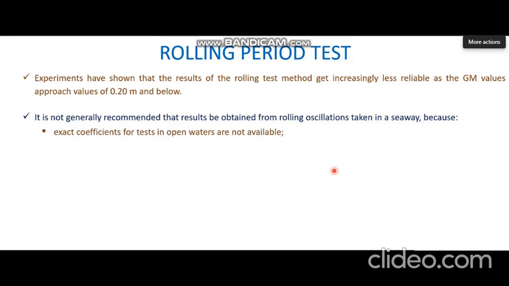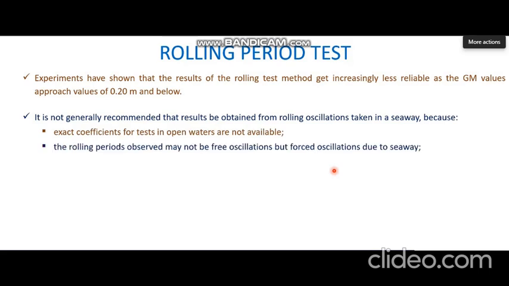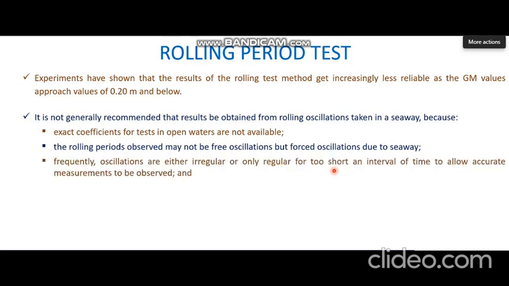Exact coefficients for tests in open waters are not available. The rolling period observed may not be free oscillations but forced oscillations due to the seaway. Frequently, oscillations are either irregular or only regular for too short an interval of time to allow accurate measurement to be observed. Specialized recording equipment is necessary.